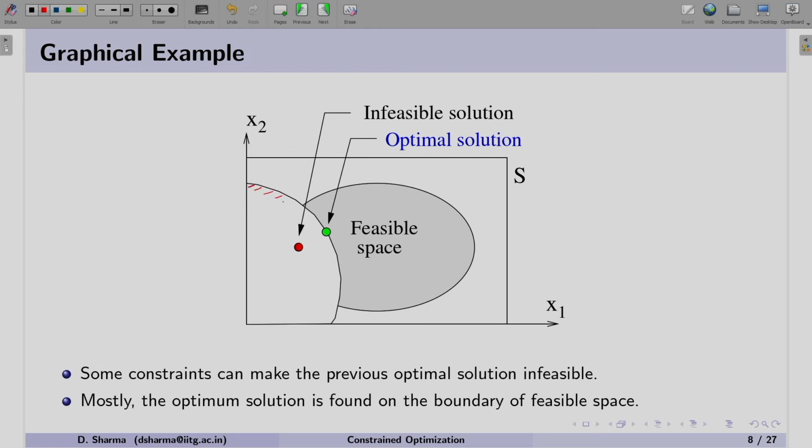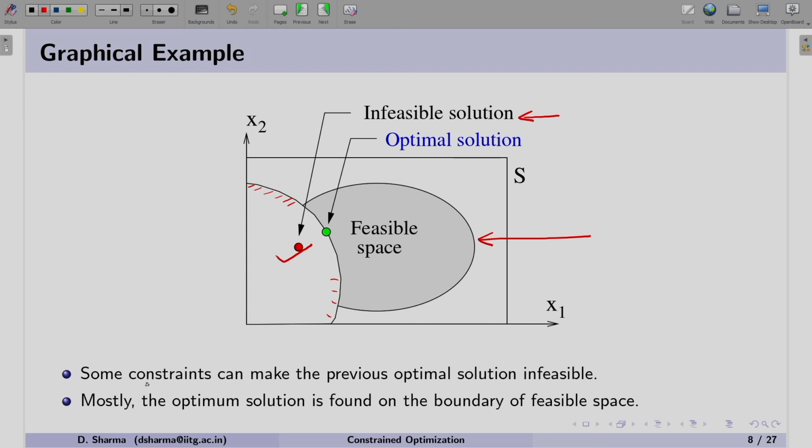As you can see here, this particular constraint is making our previous optimum solution, the red dot here, infeasible. The constraint that is introduced right now makes our previous solution infeasible. You can also see that our feasible space has changed because of this constraint.